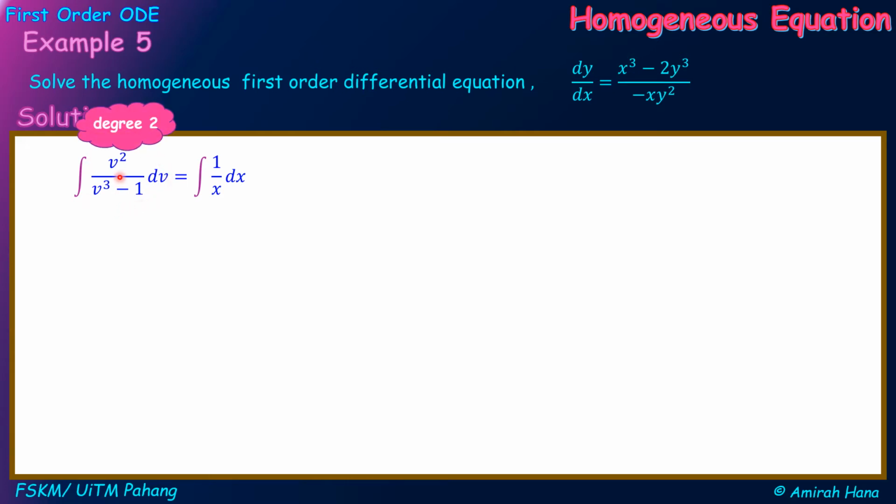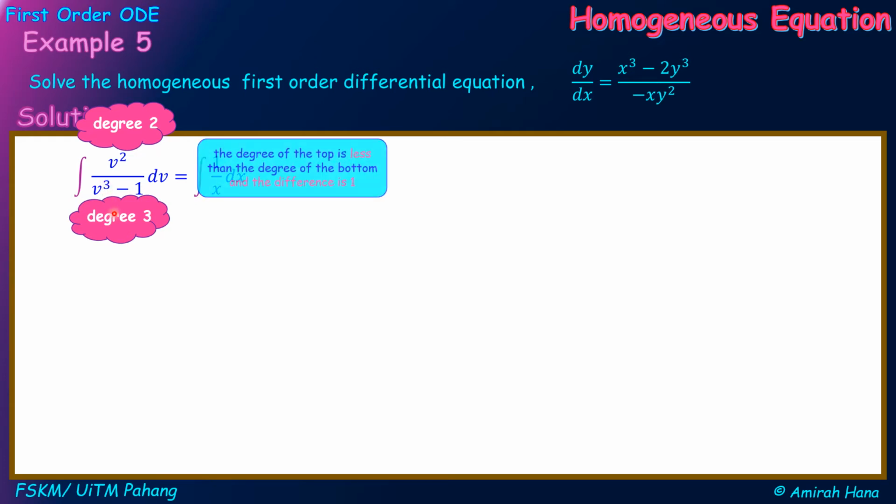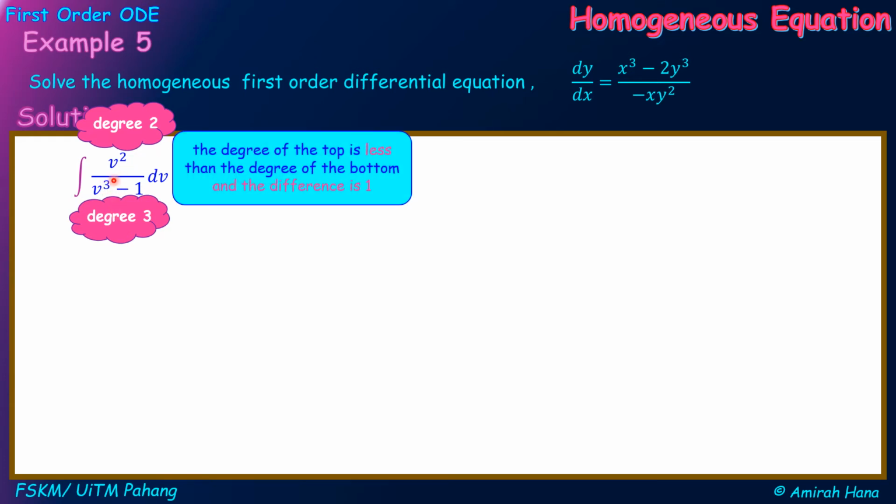On the left-hand side, we have a numerator with degree 2 and a denominator with degree 3, right? From here, the degree of the top is less than the degree of the bottom and the difference is 1, right?